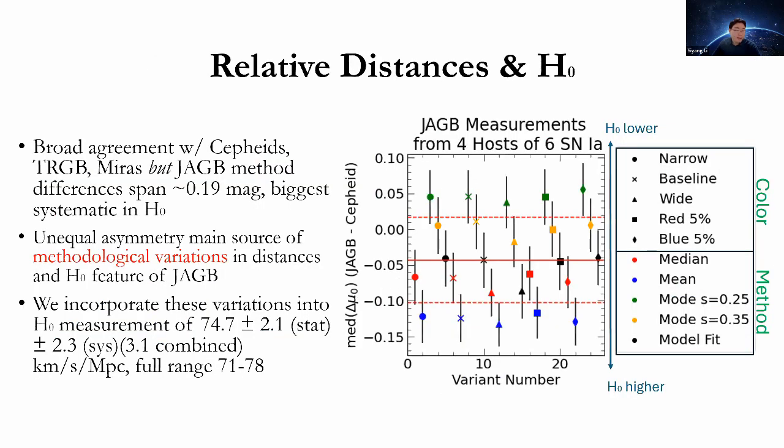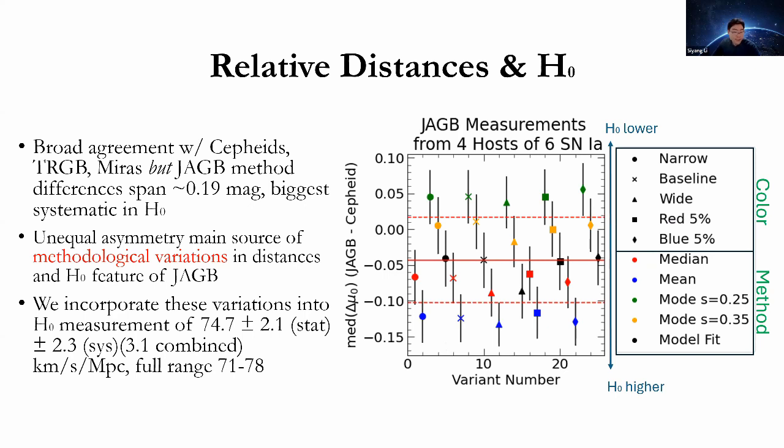And so in general, we do see this broad agreement with the distances, JHB distances compared to Cepheids, TRGB, Miras. But there is this methodological variation that arises due to the unequal asymmetry of the JHB luminosity function. And this causes differences in the JHB measurements that span almost 2/10 of a magnitude. And this would be the largest systematic in H0.